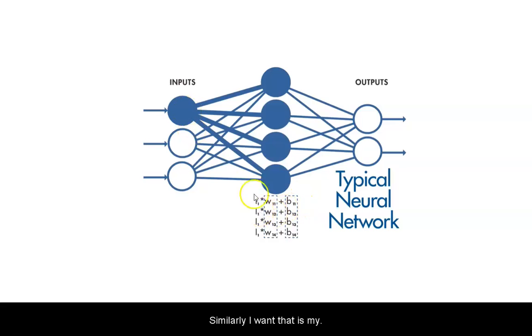Similarly, to get this mapping, I have I1 into W12 plus B12, then I1 into W13 plus B13, and similarly I1 into W14 plus B14.